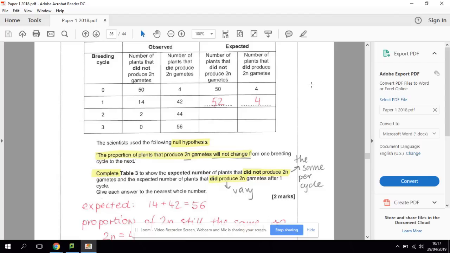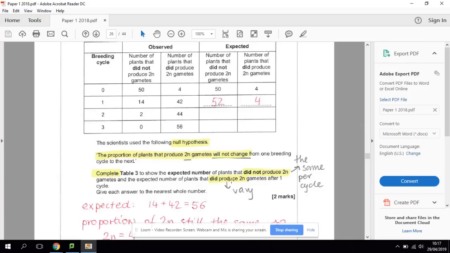So complete table 3 to show the expected number of plants that did not produce 2n gametes, so diploid gametes, and the expected number of plants that did produce 2n gametes. Okay, I'm sorry here, my labels are incorrect.